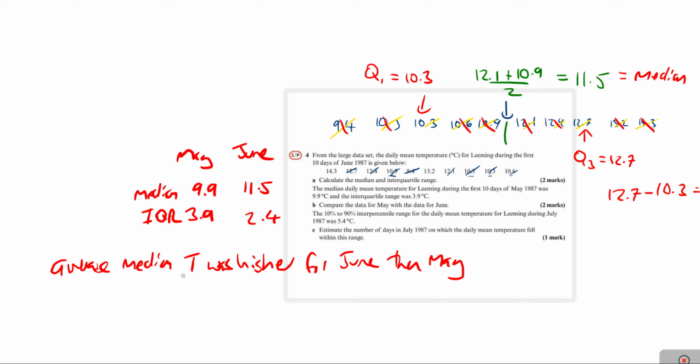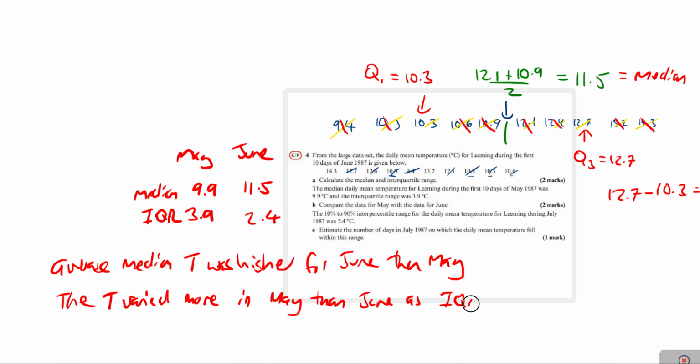And then we look at the interquartile range. The interquartile range is higher for May, so the temperature varied more in May than June, as the IQR is higher.